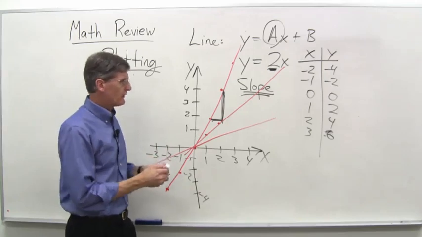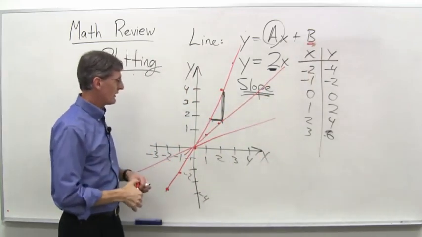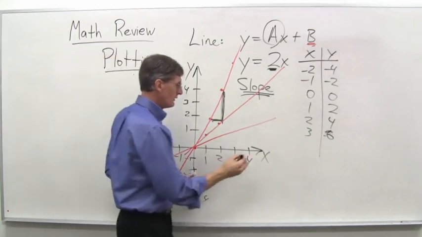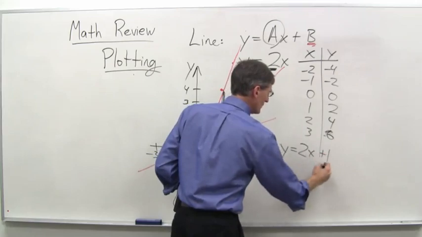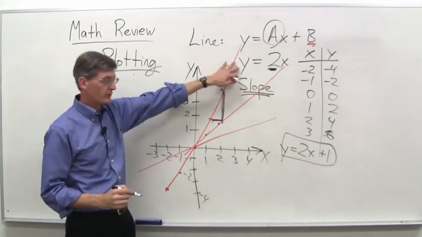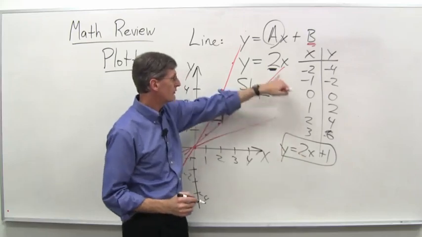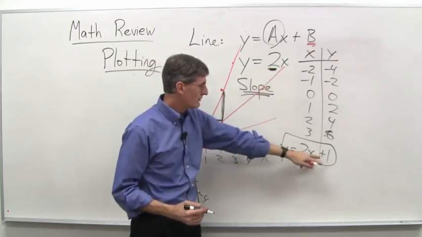One other thing you might say, well, what about b here? What's the deal with b? Well, if you did an example where we did, say, y equals 2x plus 1, okay, instead of doing y equals 2x, we'll do 2x plus 1. So slope will still be 2. The steepness will be 2. What's the 1 mean?